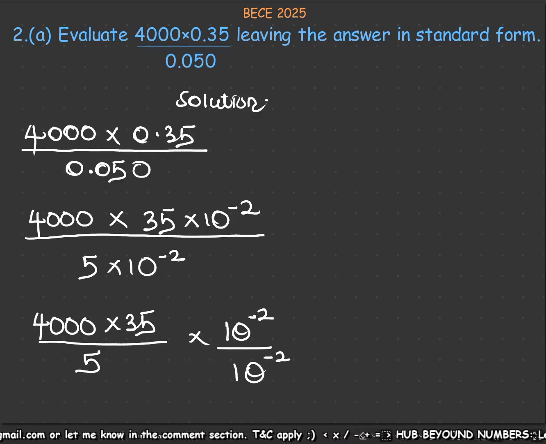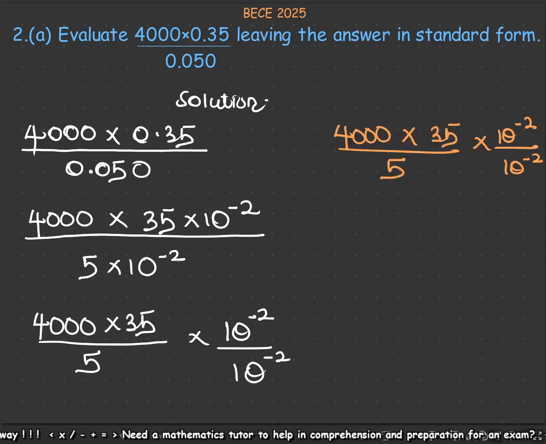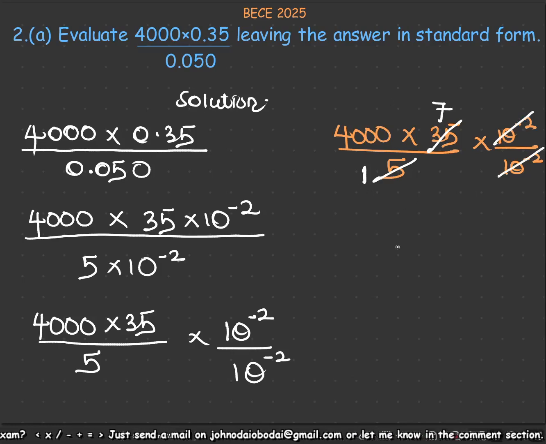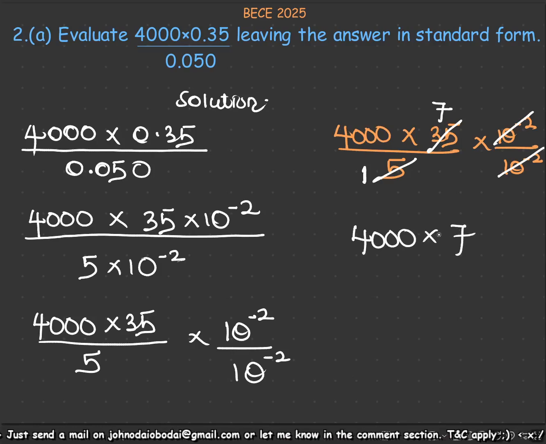If you have fractions and you are dividing, you first check out your factors. So 5 divides itself once, and it divides 35 how many times? 7 times. And these 10 to the power negative 2 are the same thing, so they cancel out each other. So we are left with just 4,000 times 7.